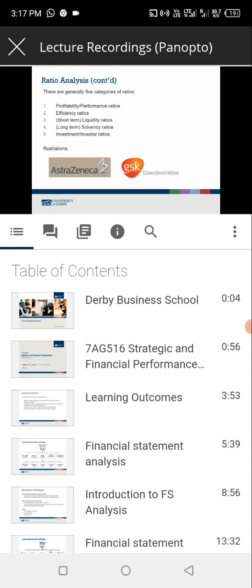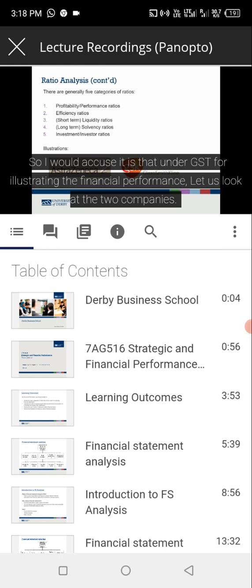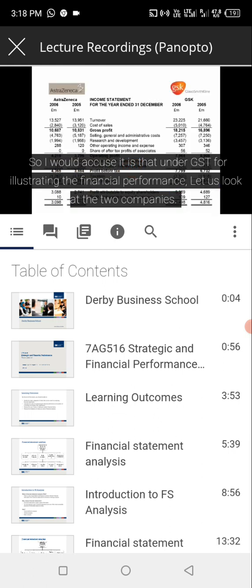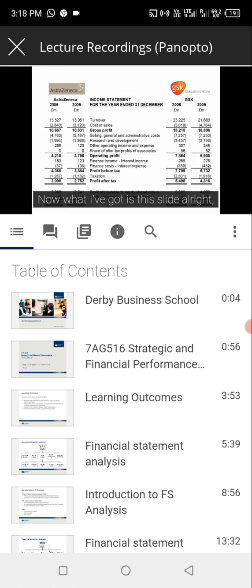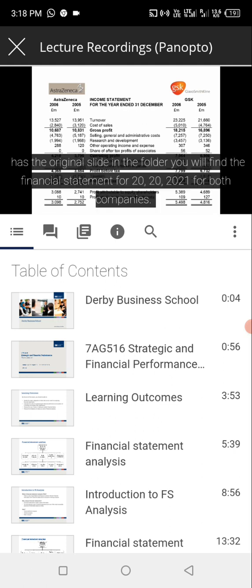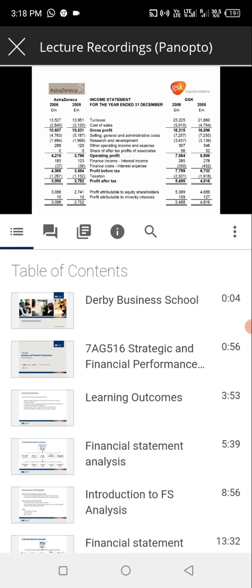Now quickly, because of our time, we are going to be using AZ and GSK for illustrating the financial performance. Let's look at the two companies. This slide has the original slide. In the folder, you will find the financial statements for 2020-2021 for both companies.